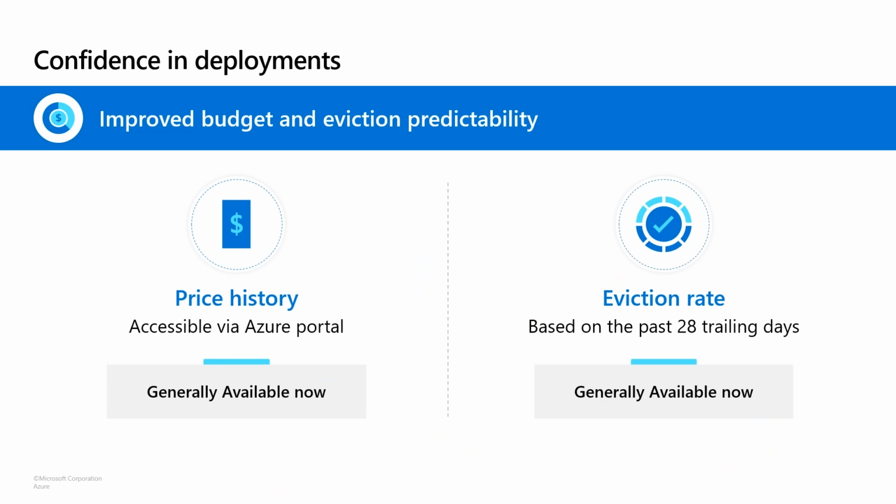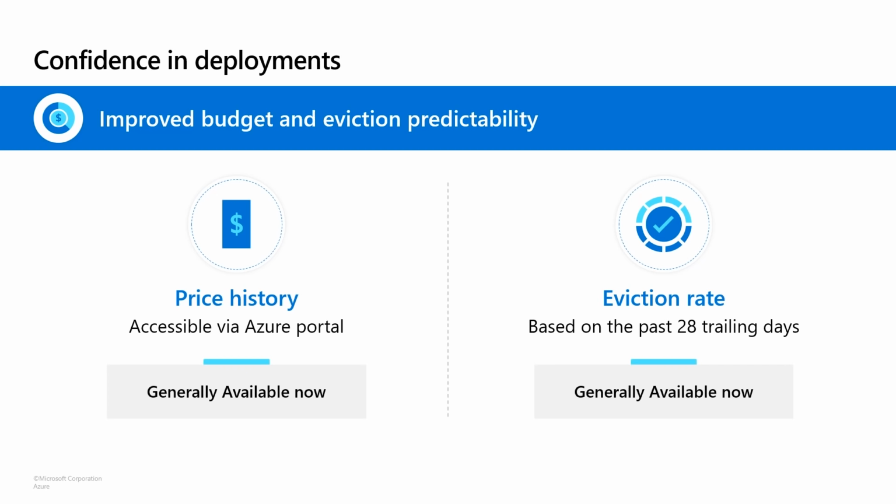So you could have the same size in region A priced differently than the same size in region B. If you have region flexibility, you can go to different regions. We've also seen customers use different sizes in the same region because they cannot change the region, so they are flexible on which size they want to use. Looking at the price gives you a better understanding of which size fits better. With Azure Portal, now you can look at the price history and trends for Spot VMs.